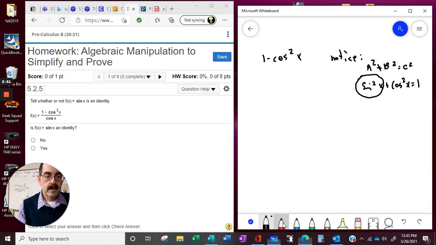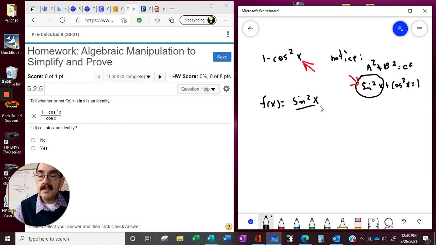So now back on our problem, we're going to substitute this for this, giving us f of x is equal to sine squared x over cosine squared x. Isn't that the same as saying sine of x over cosine x times the sine of x?